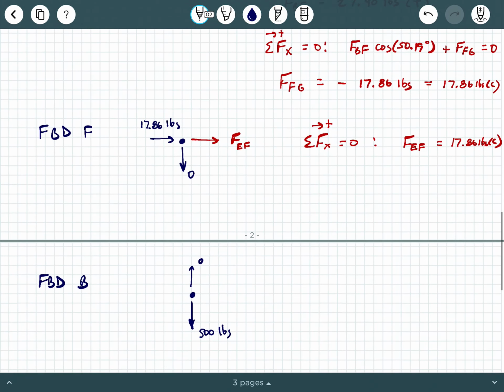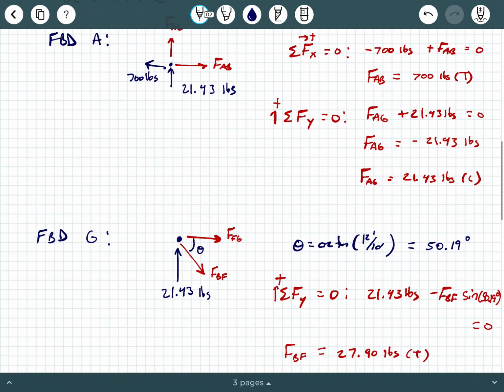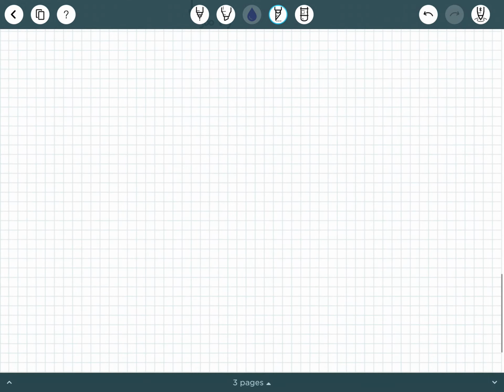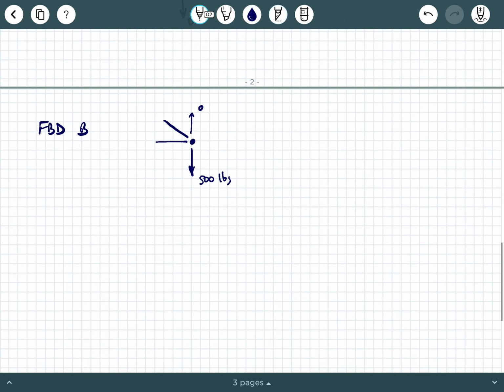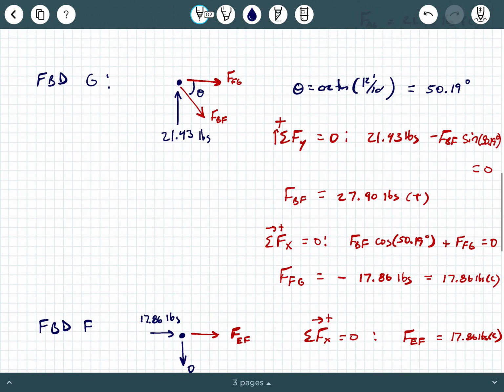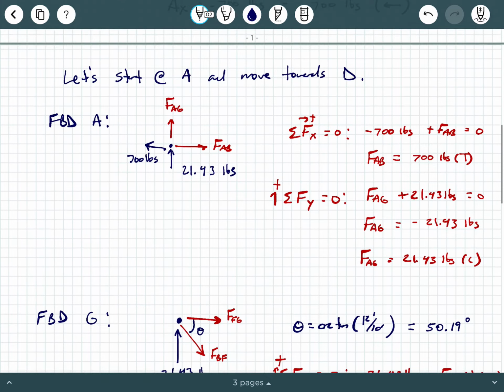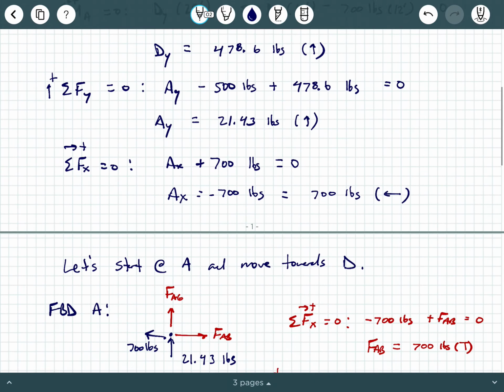Here's that zero force member. What was FAB? That was from an earlier calculation. We got to look around for it. 700 pounds in tension. Okay, so that's going to be pointing away from the joint. And then what was FBG?